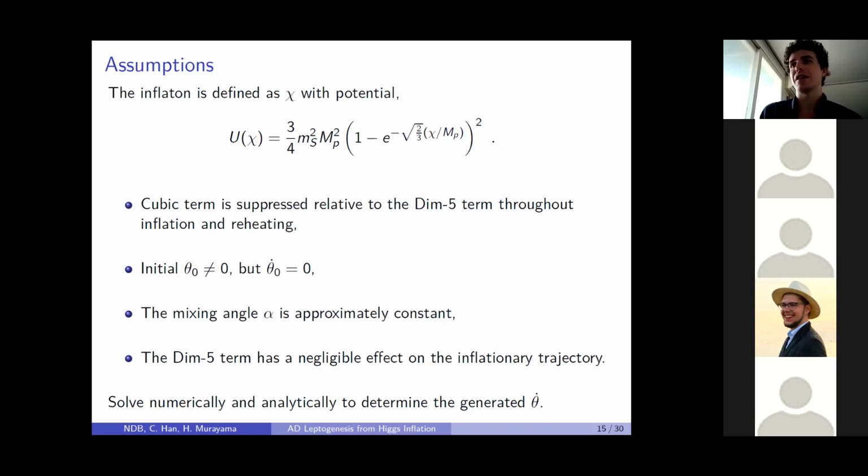And throughout this, we're going to assume that the motion of theta does not affect the motion of chi, so that the inflationary trajectory is unchanged and just gives us the expected Starobinsky-like behavior. Although I'm saying these are assumptions, we solve it numerically as well as analytically to find how these things evolve.